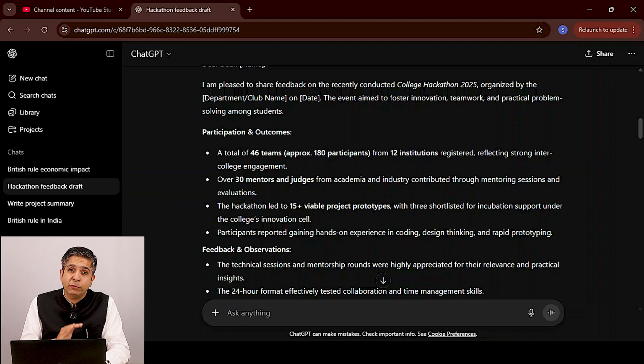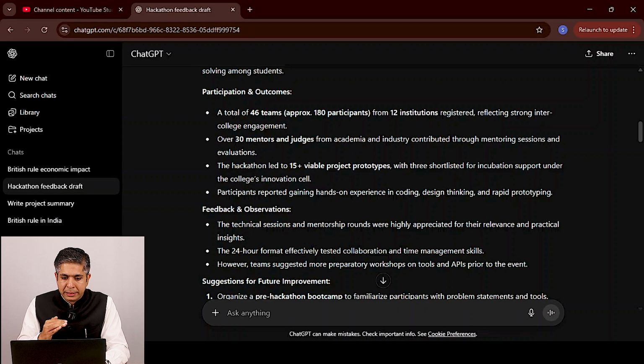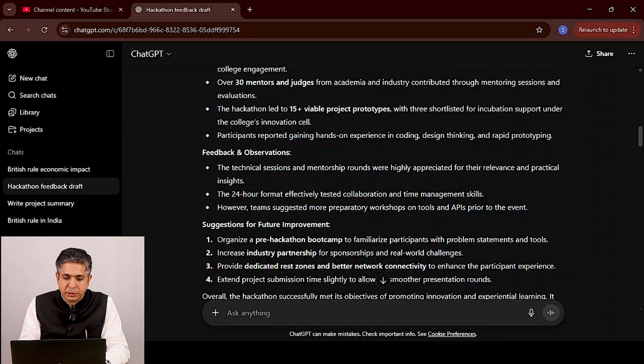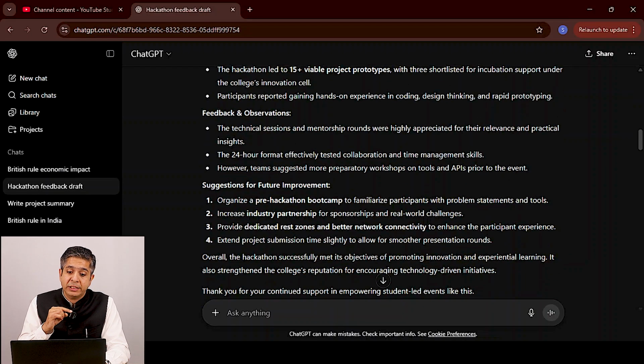You can put the name of your college or university, organized by your name of the department, your club, on which date. The event aimed to foster innovation, teamwork, and practical problem solving amongst the students.